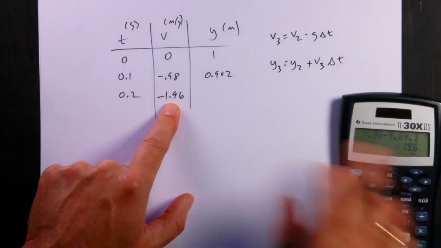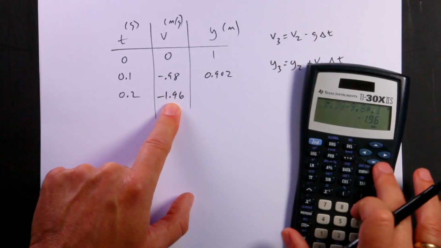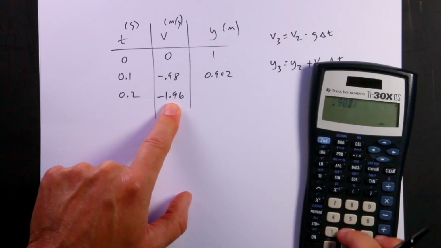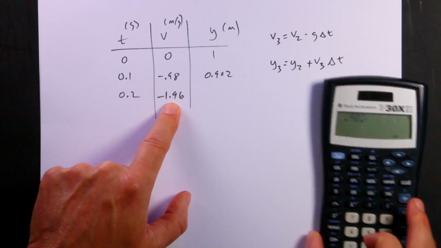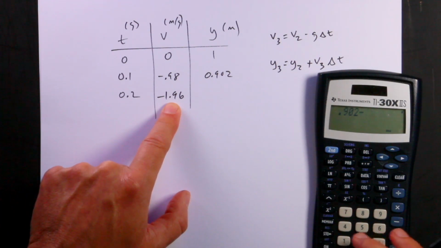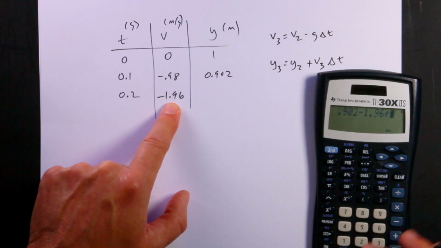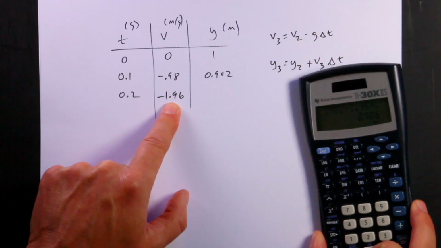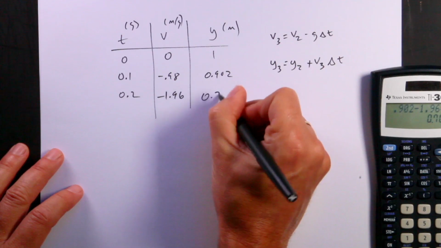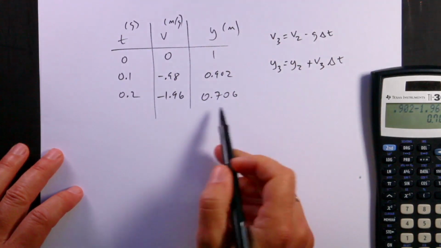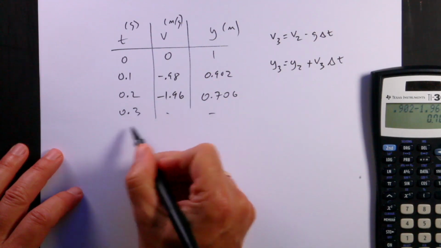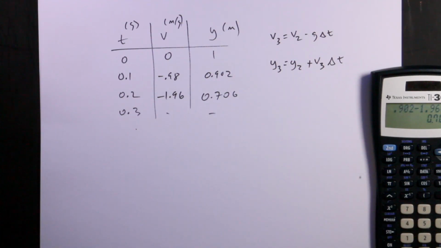I'm going to say y2, 0.902, and then plus a negative, so minus 1.96 times 0.1, enter. And I get 0.706. It's still not to the ground. So then I'll do this again for 0.3 and 0.4 until I get to the ground. And that's how we do it.